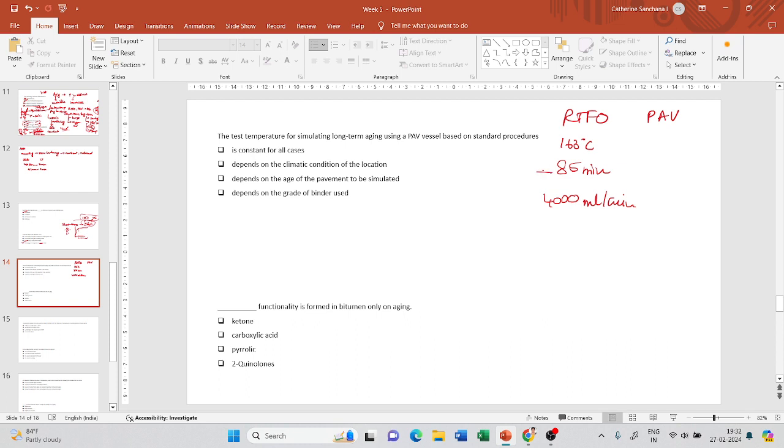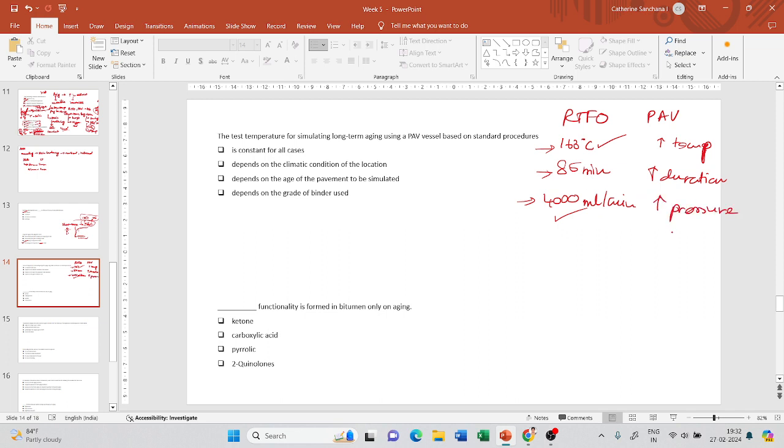You do it for a particular duration, you supply it with air and you heat the bitumen, all this to simulate the short-term aging, so that at elevated temperatures it shows a loss in volatiles, and in the presence of oxygen it undergoes oxidation. So in PAV also you require an increased temperature, an increased duration, because it is used to simulate long-term aging, and an increased pressure.